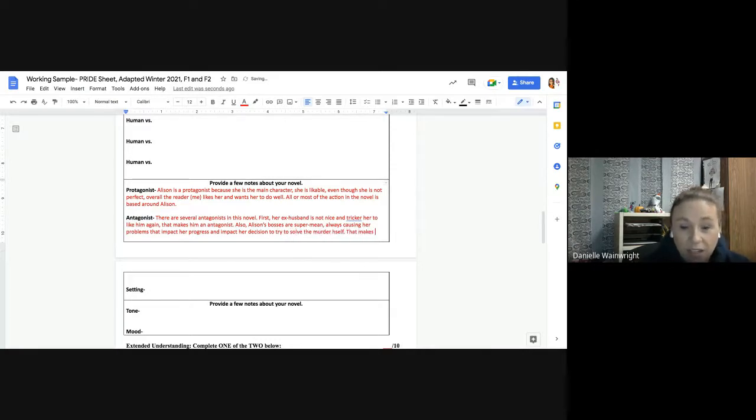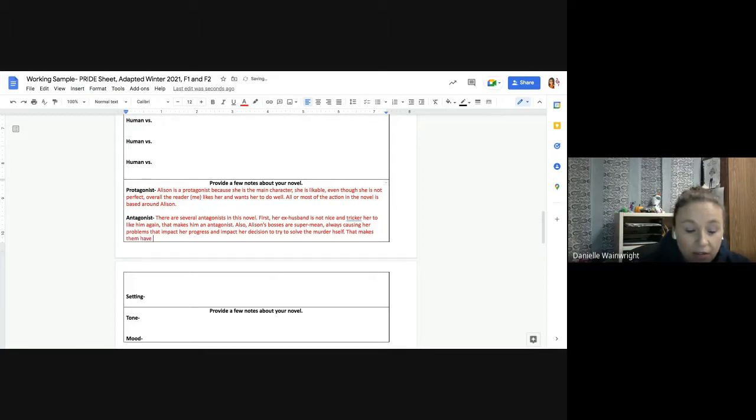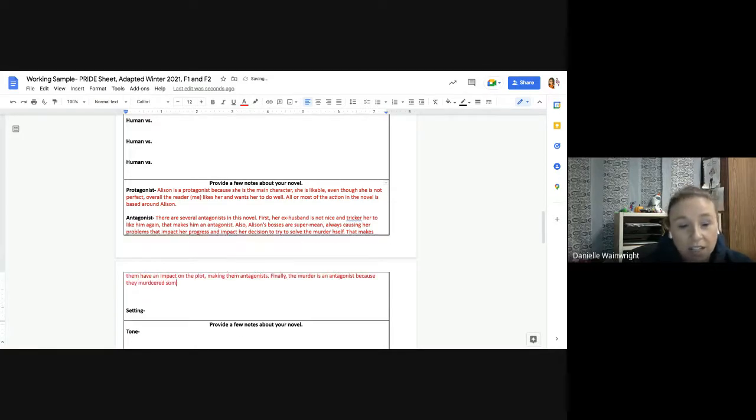That makes them have an impact on the plot, otherwise known as the sequence of events or the conflict, making them an antagonist. Finally, the murderer is an antagonist because they murdered somebody. That's pretty clear, right? Okay.